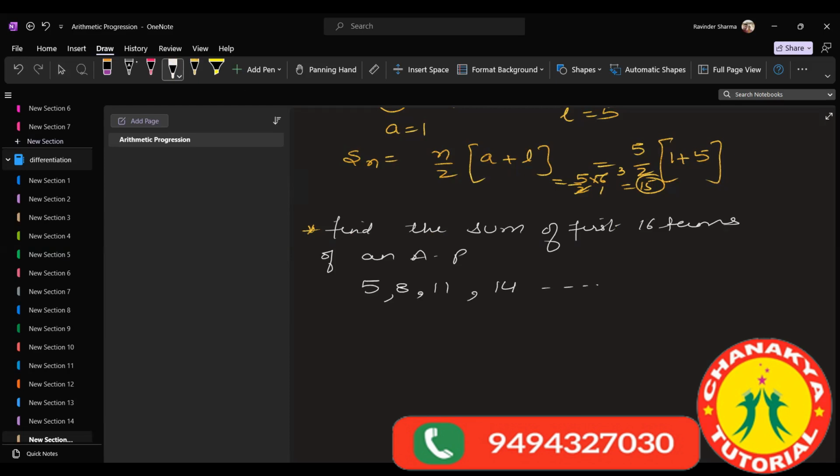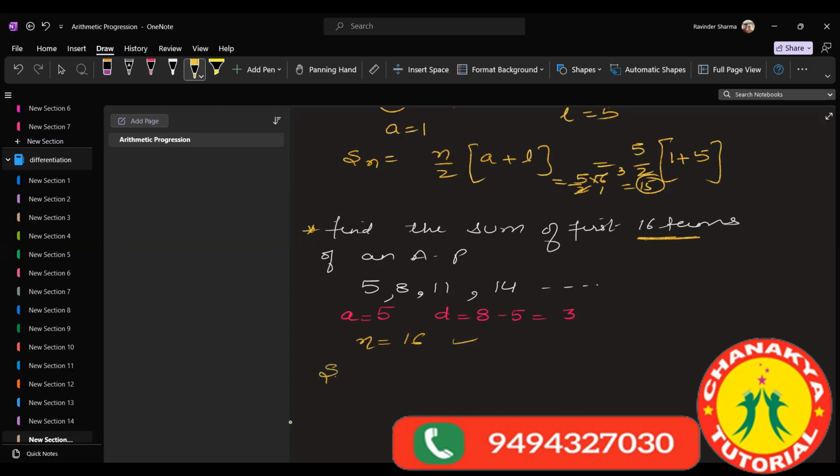So here, tell me children, what is the value of a? 5. And the common difference? 3. You will write 8 minus 5, so it is 3. And the value of n is? 16, yes, because you have to find the sum of 16 terms.